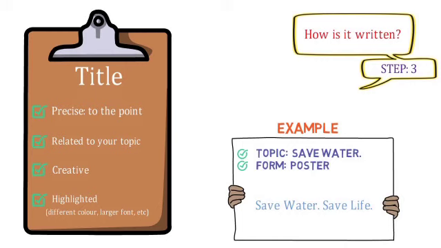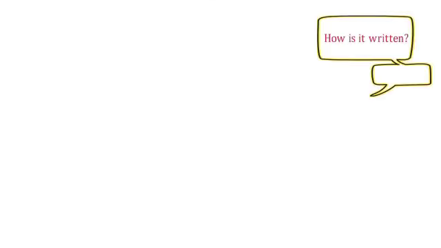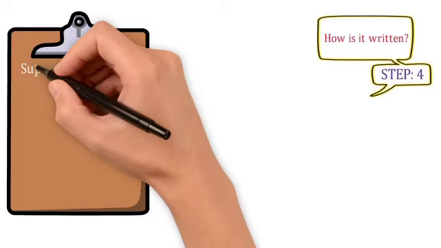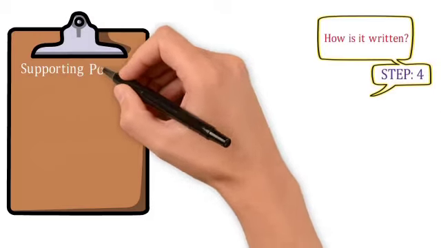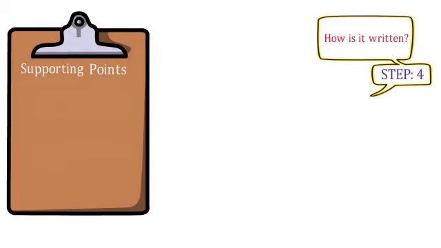Step 4. Now that my title is decided, I have to convince people by giving at least 2 good points to support my topic. Otherwise, why would they believe me? But how can I convince them?